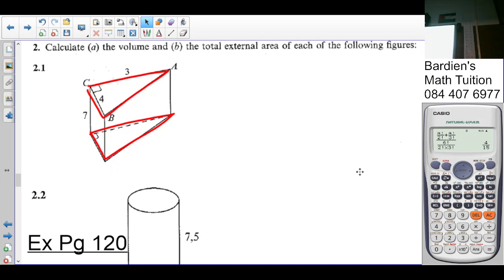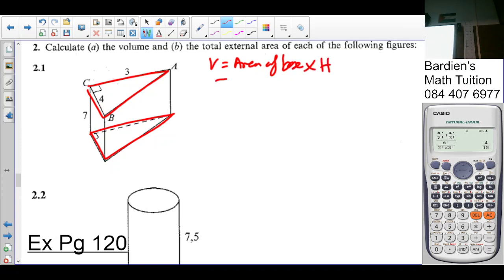Okay. So how do you calculate volume? Area of base. So what type of shape is this base? Triangular base. Okay. However, how do you calculate the area of a triangle? Half base times perpendicular height times depth of the object.